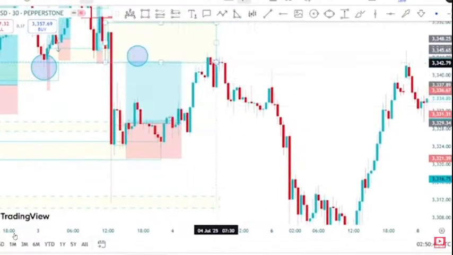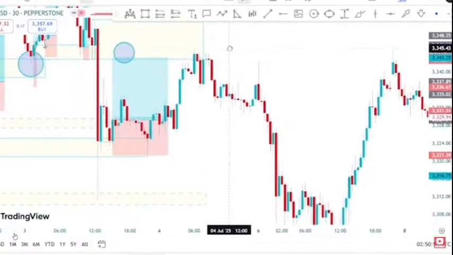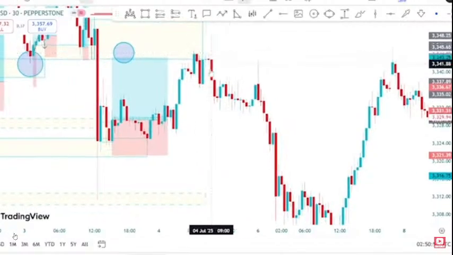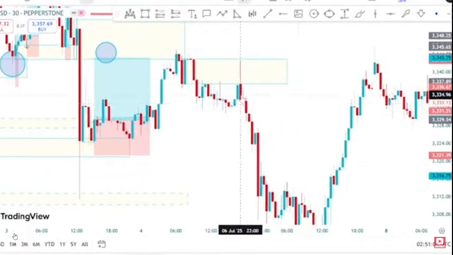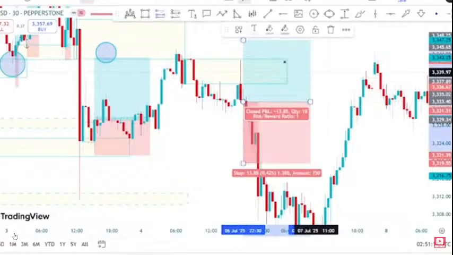We didn't take a trade directly from this area. We waited to start creating a lower low to the lower high. This was our entry again. Okay, we waited from this area. When this candlestick closed, this one, we took a sell. Okay, from this area.